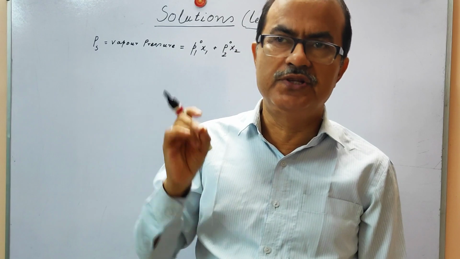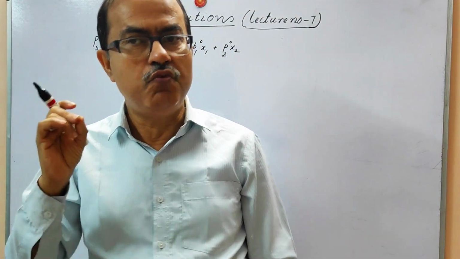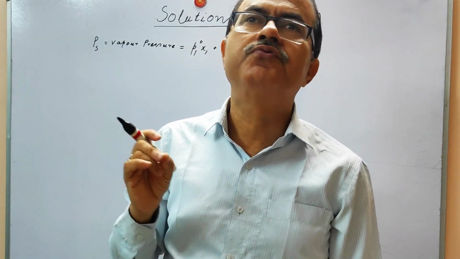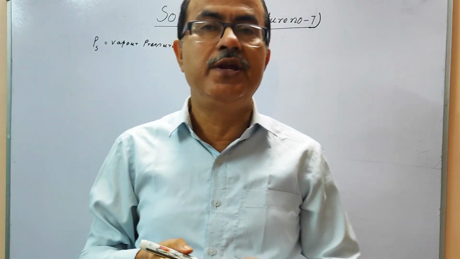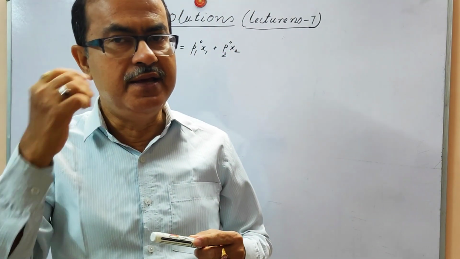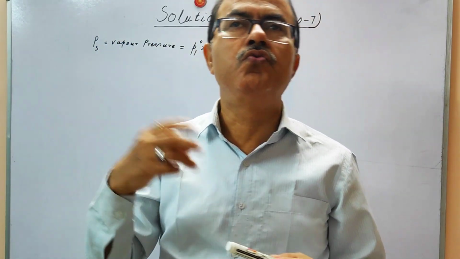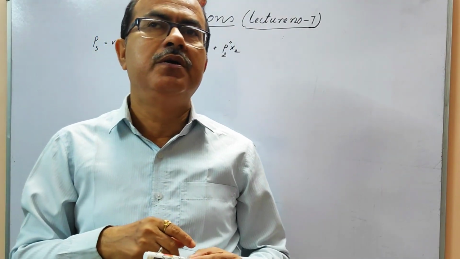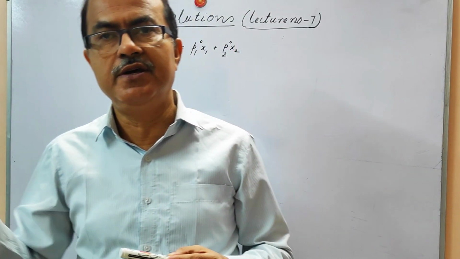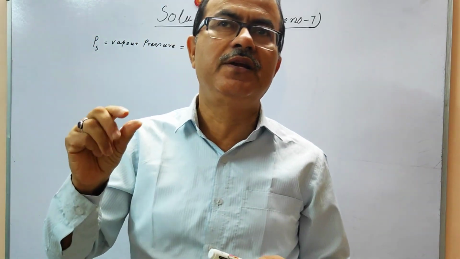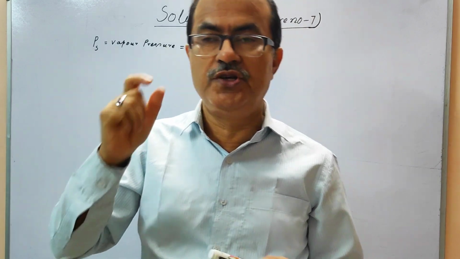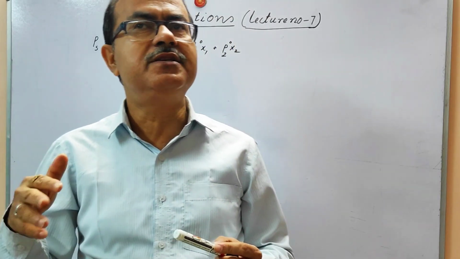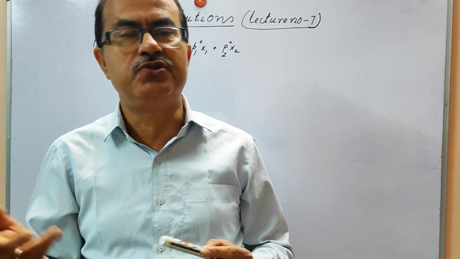Now in this lecture we are going to discuss again a very important thing, that is when one of the components is non-volatile. This type of solution you can see in your day-to-day activities. Suppose we are adding sodium chloride in water, or glucose in water, or cane sugar in water, or urea in water. In such a solution the solute is the solid and the solvent is the liquid, which is the volatile substance.